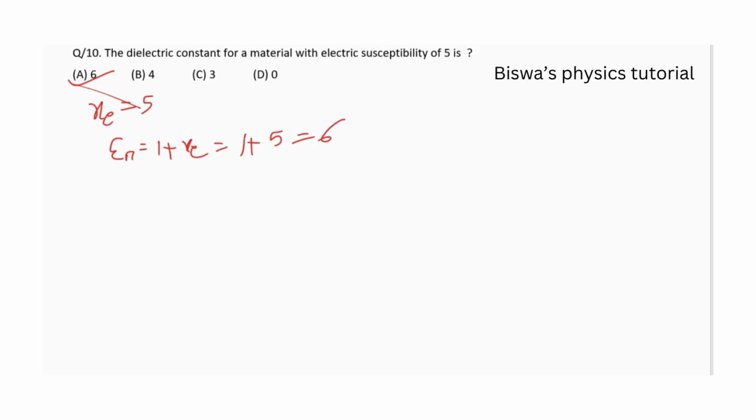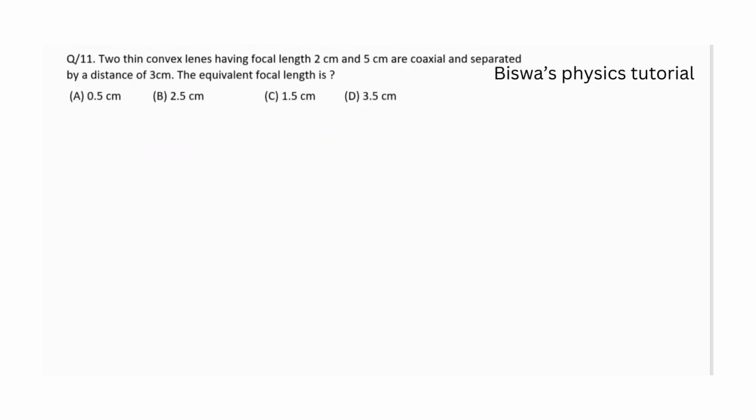The next question is question number 11. Two thin convex lenses have focal lengths 2 centimeter and 5 centimeter. Here f1 is 2 centimeter and f2 is 5 centimeter, and the separation between them is 3 centimeter, so d is 3 centimeter.